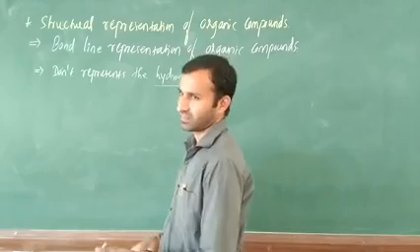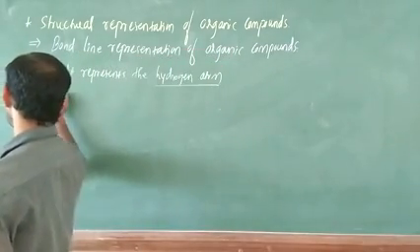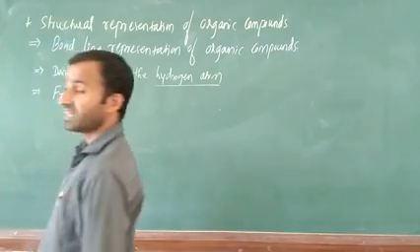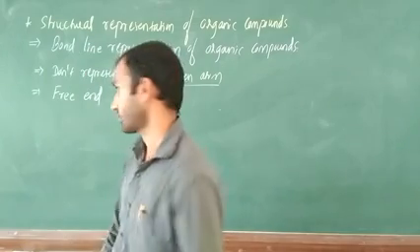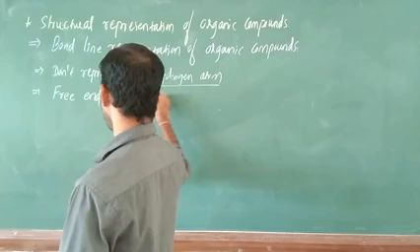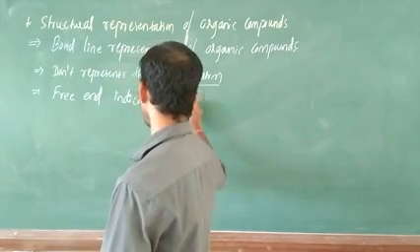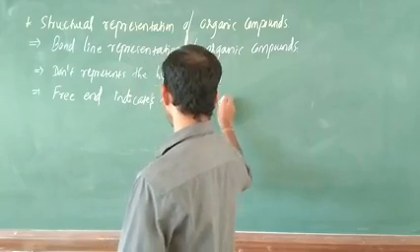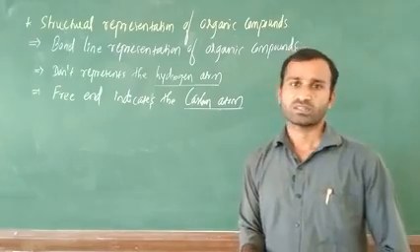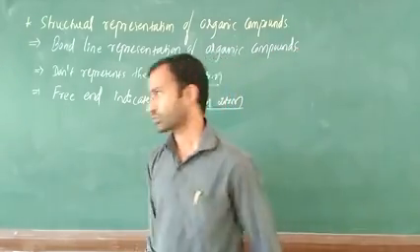Next, the free end, that is also a most important point. Free end indicates the carbon atom. The next point is satisfy the valency of carbon with the help of hydrogen.